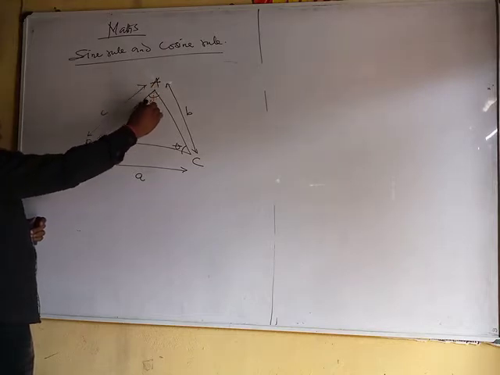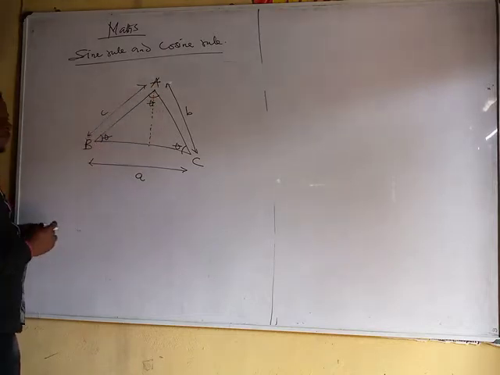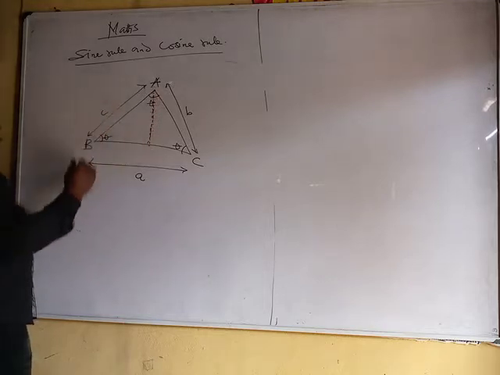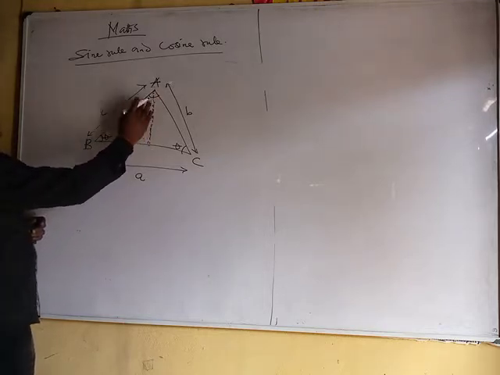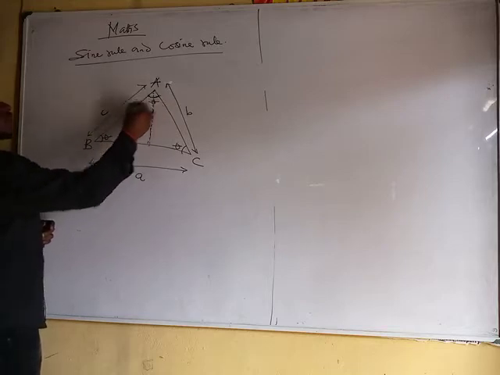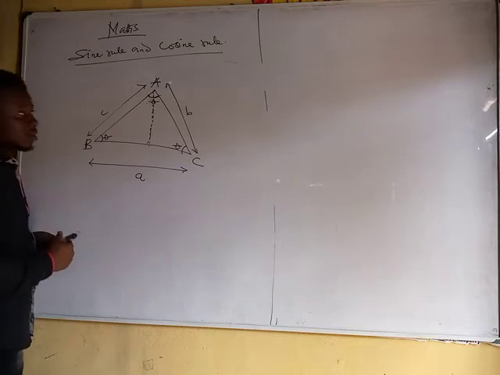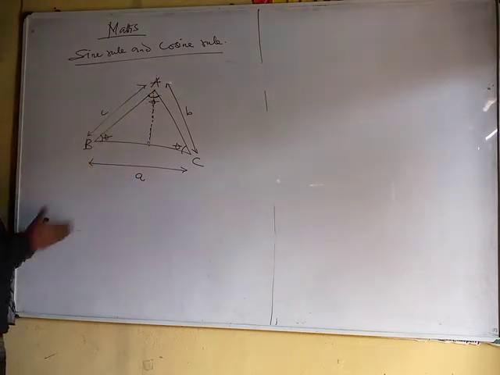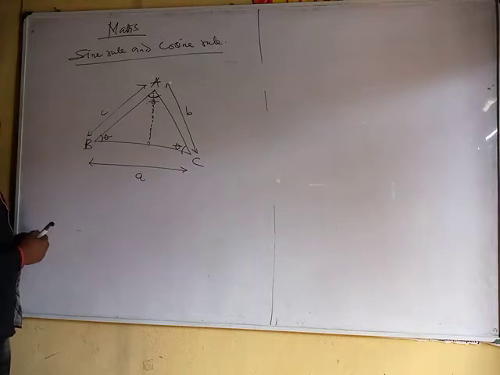Suppose I cut this from here. We don't know this angle from here to here. We call it theta. We don't know what it will be, and we don't know if we bisect it at the center because the bisection is not at the center.